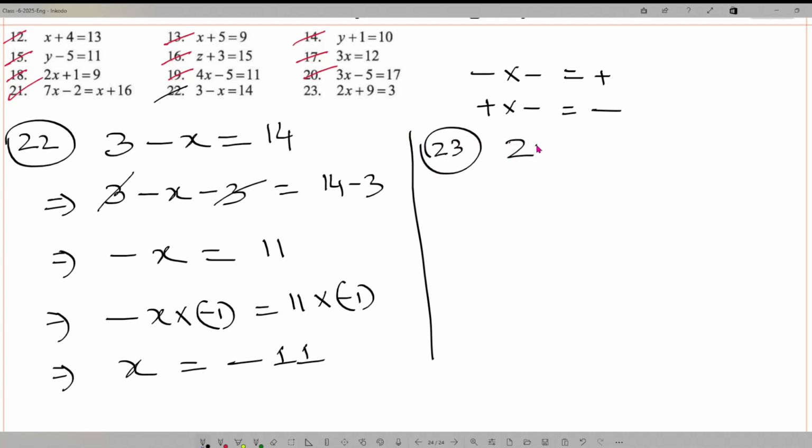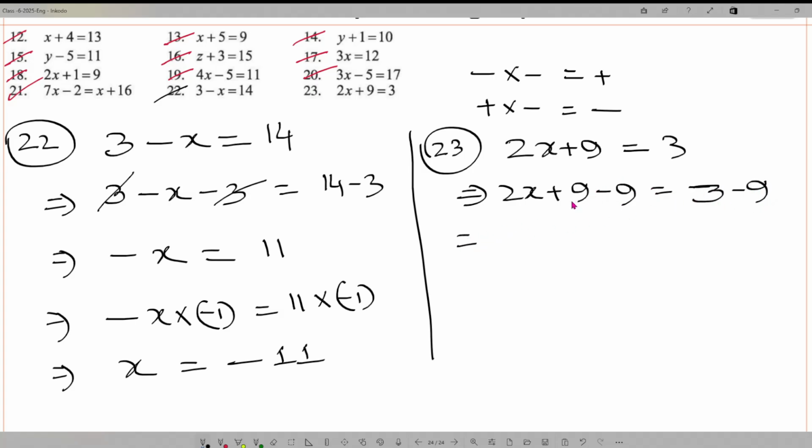23, which is 20x plus 9 equals 3. Then 20x plus 9, we have to remove this 9, so minus 9, and here 3 minus 9. So plus 9 and minus 9 cancel out, 2x, and we know what? Here is 3 minus 9.